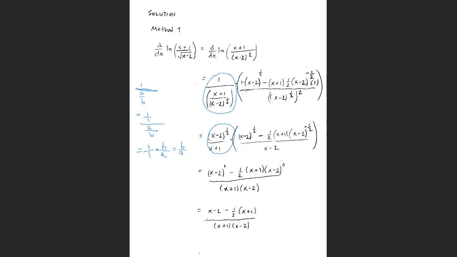And that's how I got the first part of that. That's why 1 over the fraction x plus 1 over x minus 2 to the half equals x minus 2 to the half power divided by x plus 1. And then I'm just doing a little rearranging for the second parentheses here.